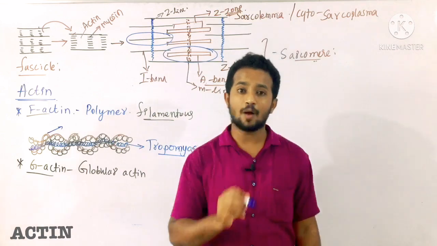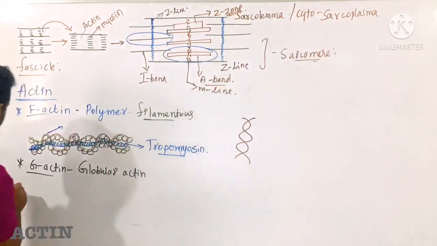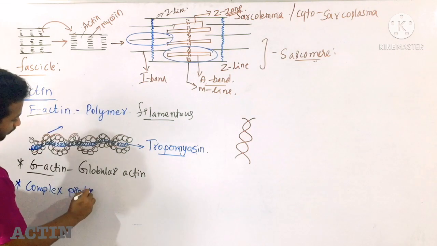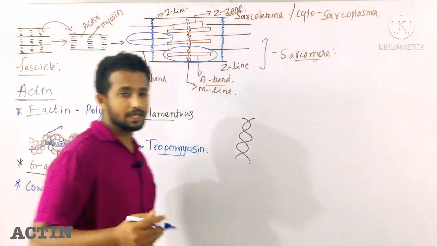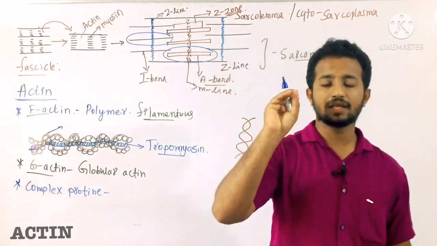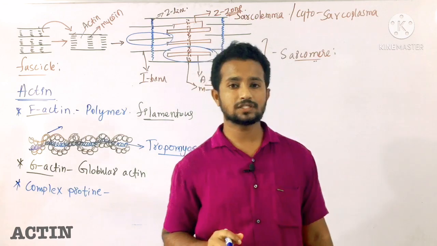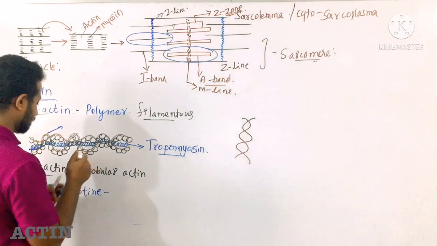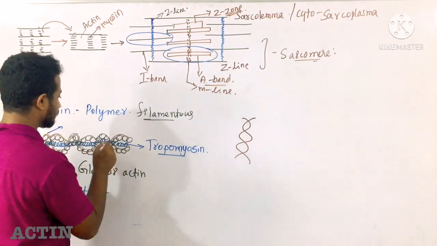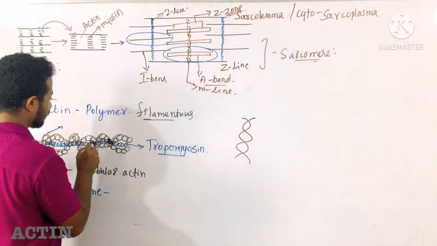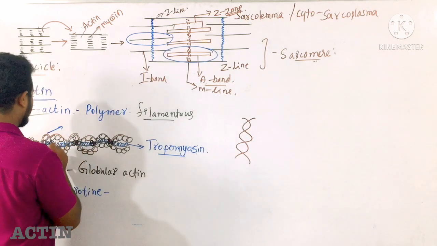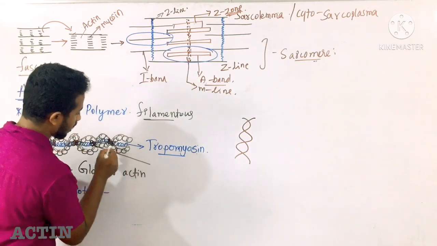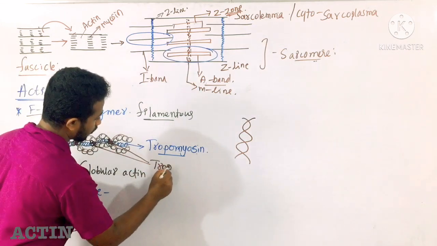Then there is a complex protein which is present, not all over the length, but here and there, distributed at regular intervals on the tropomyosin, and they are called troponin. That troponin is present here and there at regular intervals on the surface of this actin, and these are called troponin.